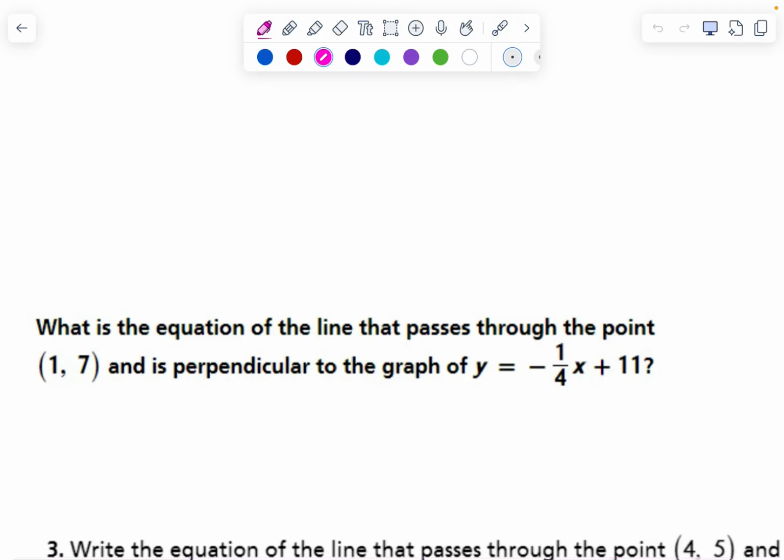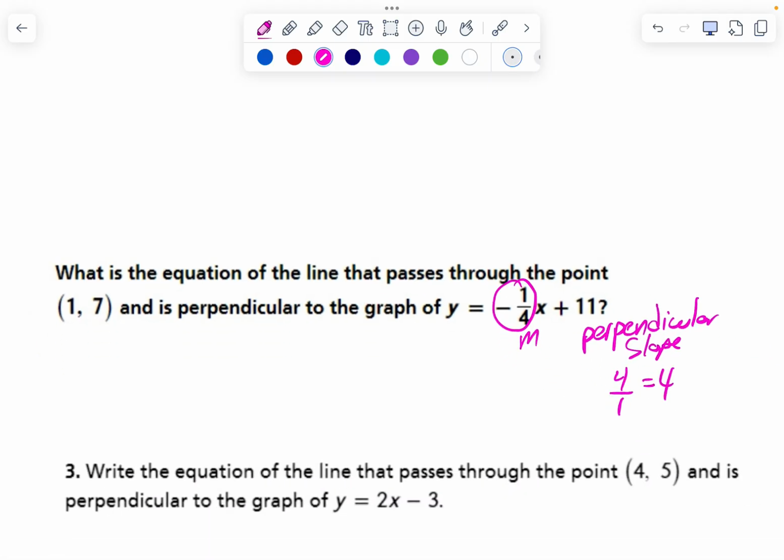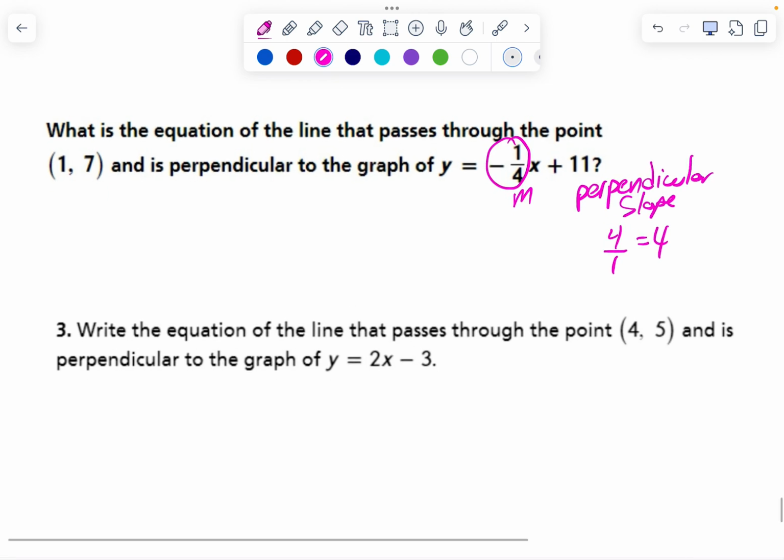Okay, what's the slope of the given line? That's your first step. Slope is negative 1/4. So in this case, we're doing perpendicular, which is 4/1 or just 4. Okay, now we go write our equation.